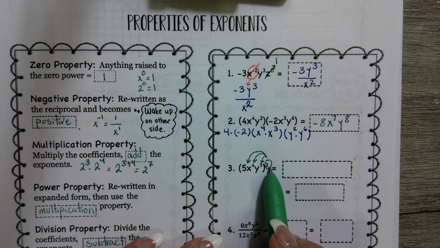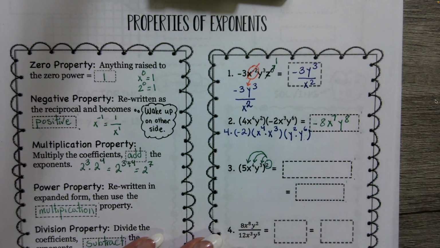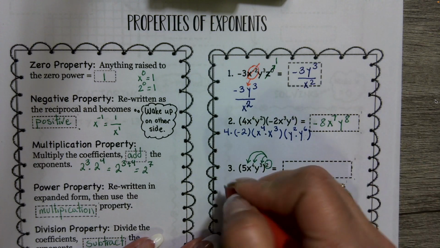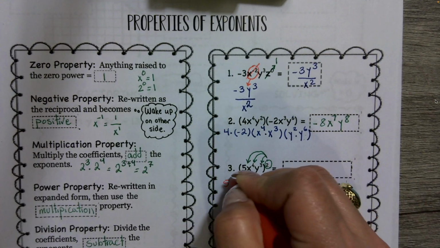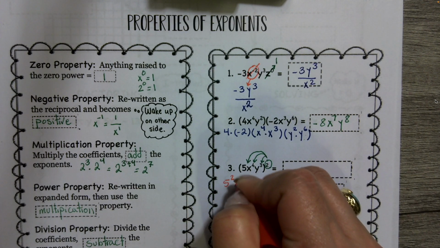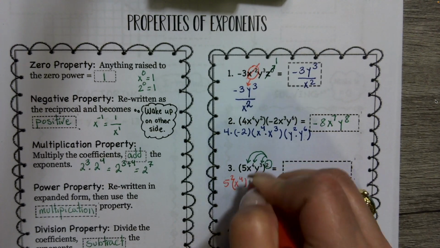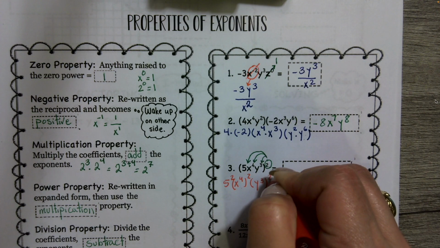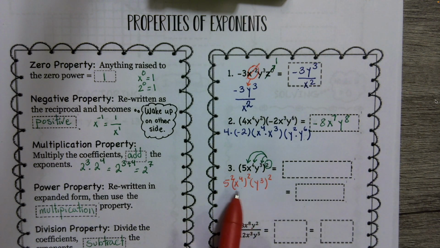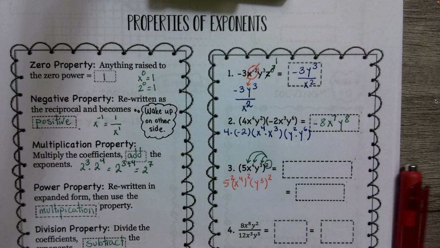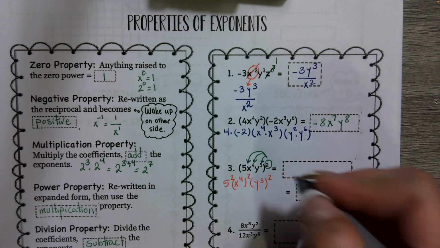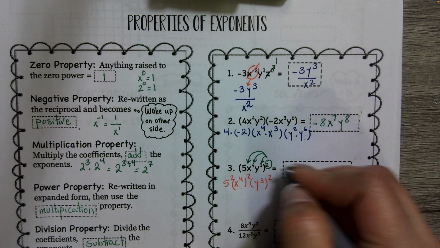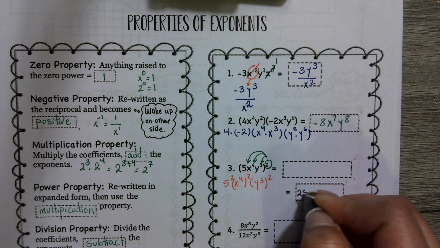That power goes to every single one of them and rewritten as this. 5 to the power of 2, x to the power of 4 to the power of 2, and y to the power of 3 to the power of 2. Okay? 5 to the power of 2 is 25.